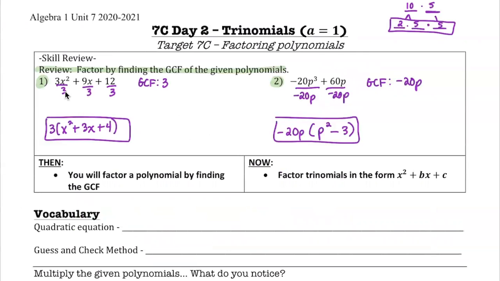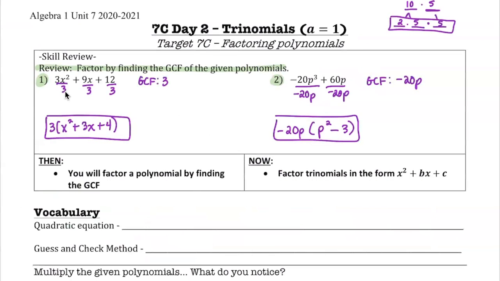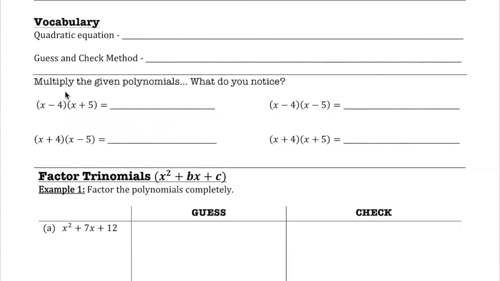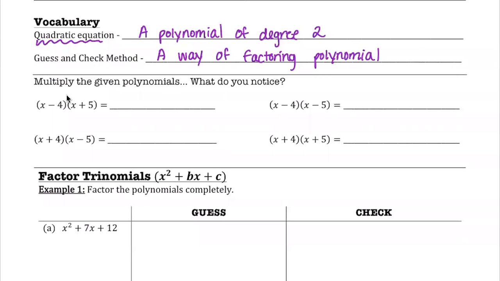And that's why we have this second method today. Now, this method that we're going to learn today, we don't necessarily use on all polynomials, but if you look at the vocab up at the top, we use it anytime we have a quadratic equation. A quadratic equation is a polynomial of degree 2.